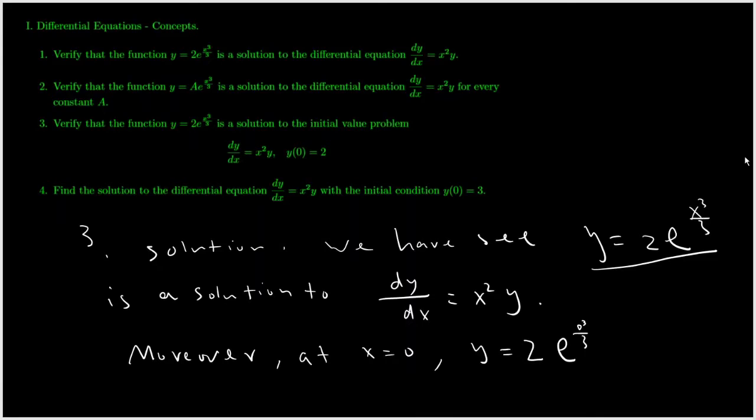The value of the function e to the power of 0 is equal to 1. So that's why the value of the function y when x value is 0 is equal to 2. So do you see the initial condition is satisfied? You write this whole line using one equation. It means the value of y when x value is 0 is equal to 2.